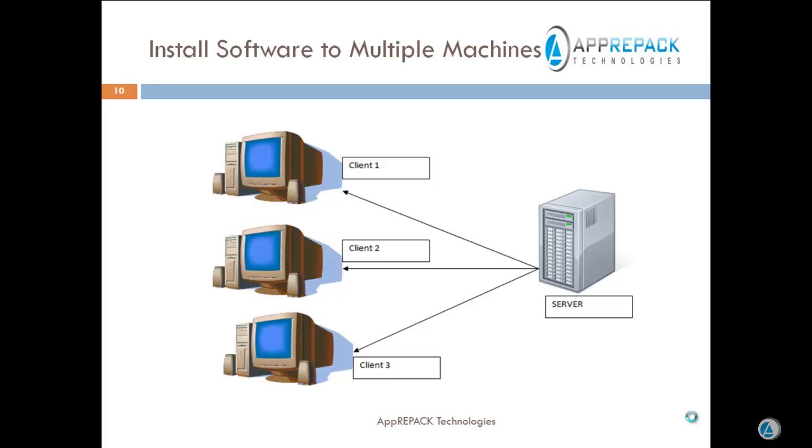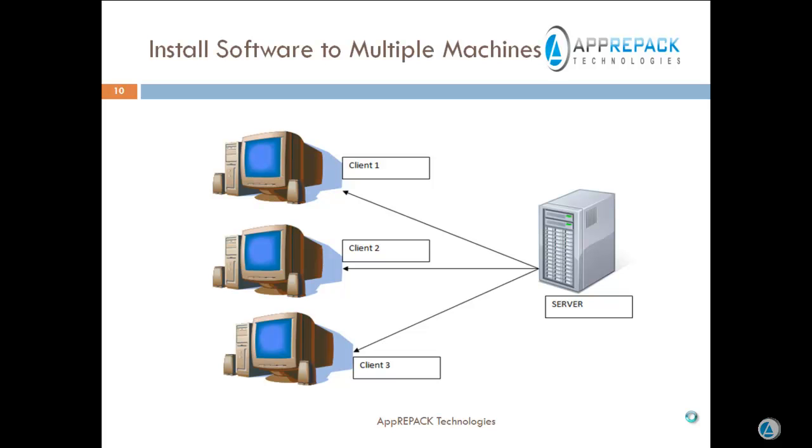Now, how to achieve this? How an administrator can install a software without user interaction? How can he install a software to n number of machines at a given point of time?